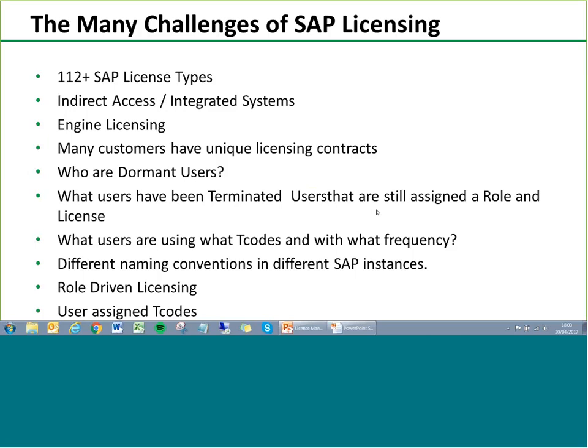What authorization objects are included? Because you could, in fact, be paying for a full use license, professional license, but the way you've applied authorization codes to that license object, you are really not using a full professional license.